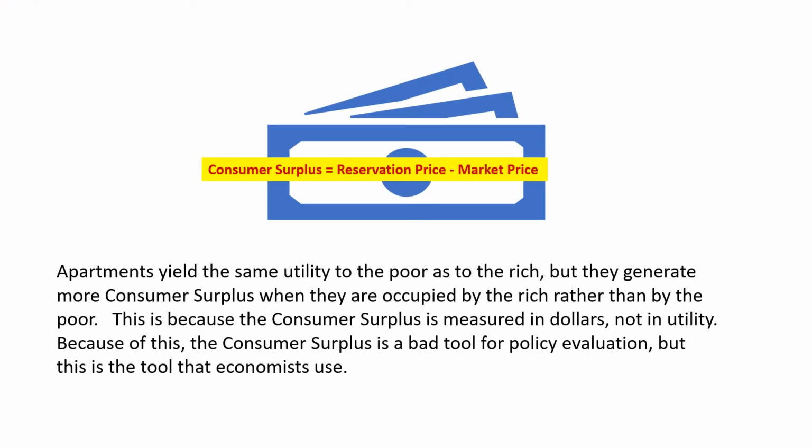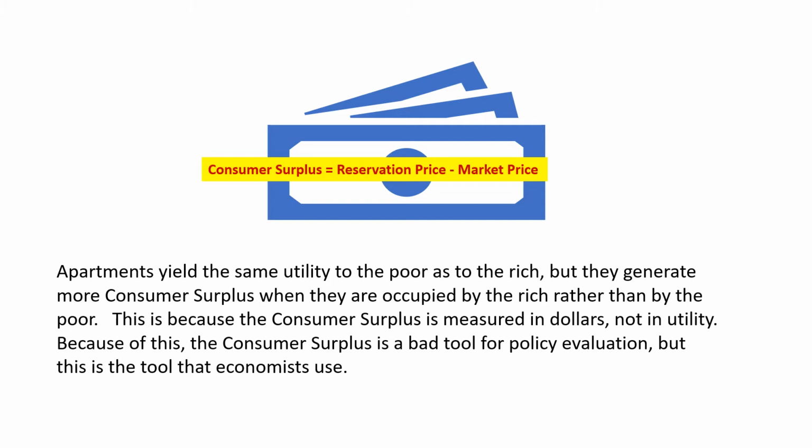The consumer surplus is the difference between what a person is willing to pay for a good and what she actually has to pay for it. Apartments yield the same utility to the poor as to the rich, but they generate more consumer surplus when they are occupied by the rich rather than by the poor.